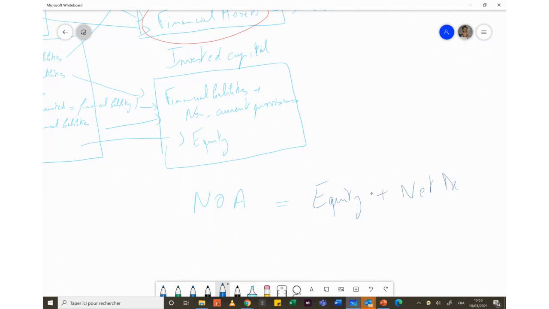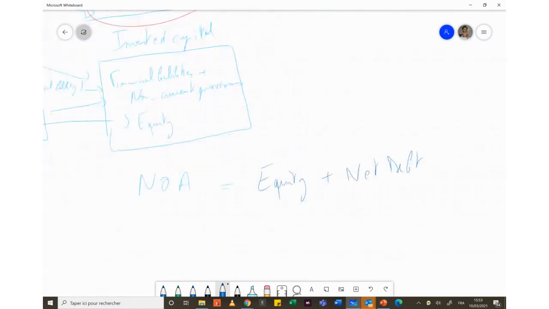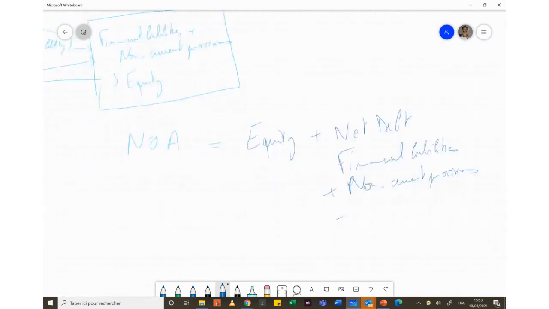In the net debt, you have the financial liabilities plus provisions, non-current provisions, minus the financial assets. And generally, what you put is minus the short-term financial assets. So in reality, you keep here plus the long-term financial assets.